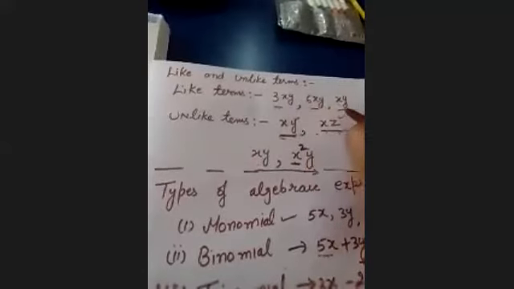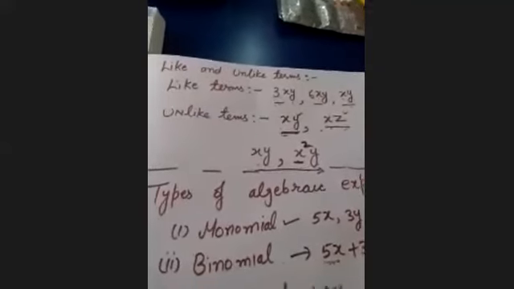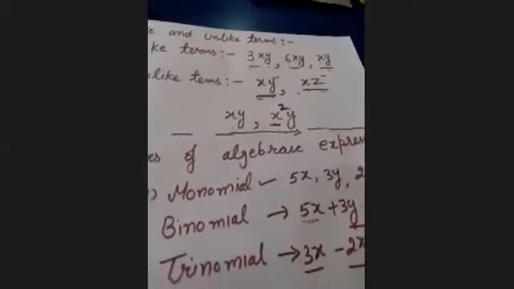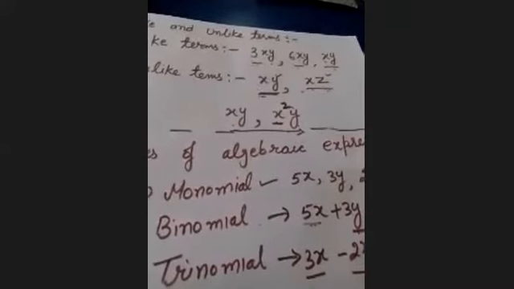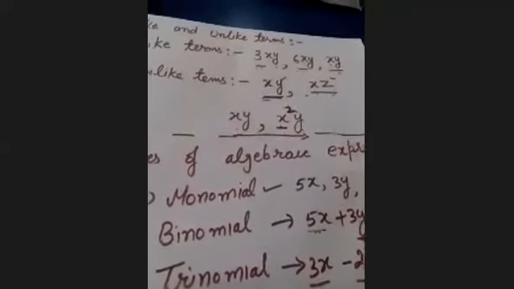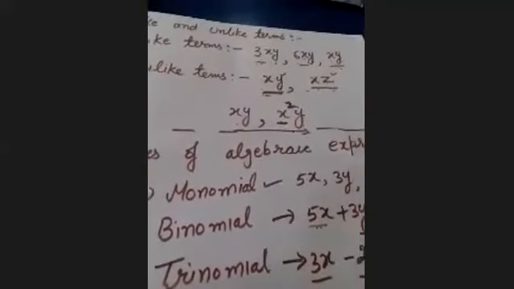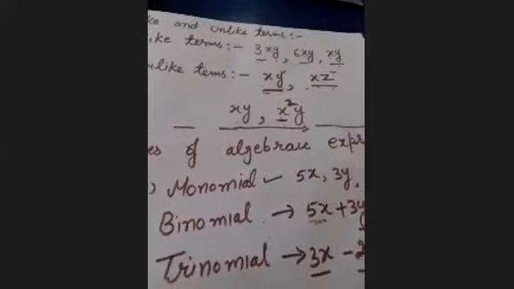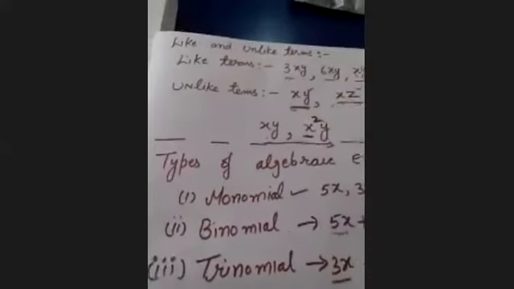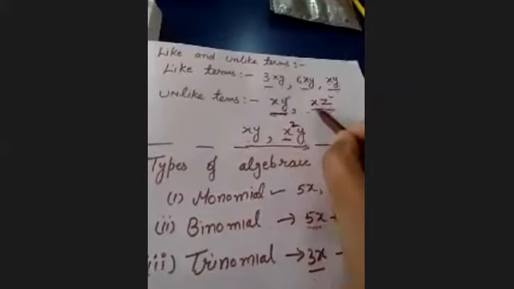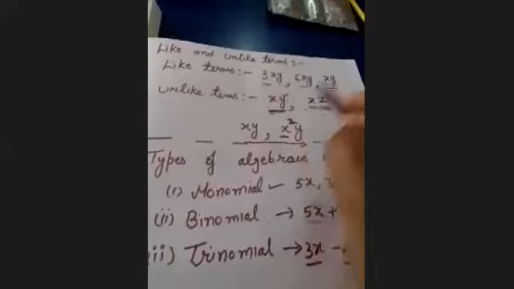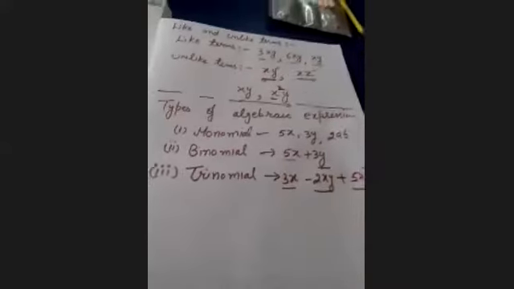So these terms are like terms. Clear, students? Next is unlike terms. If two or more than two terms have different variables, then these terms are unlike terms. For example, x, y, x, z. The variables are different. So these terms are unlike terms.